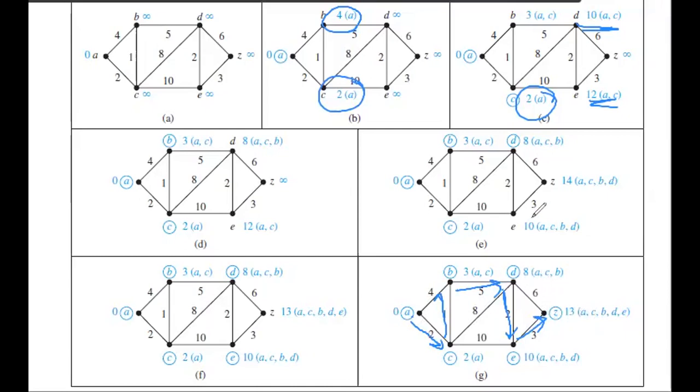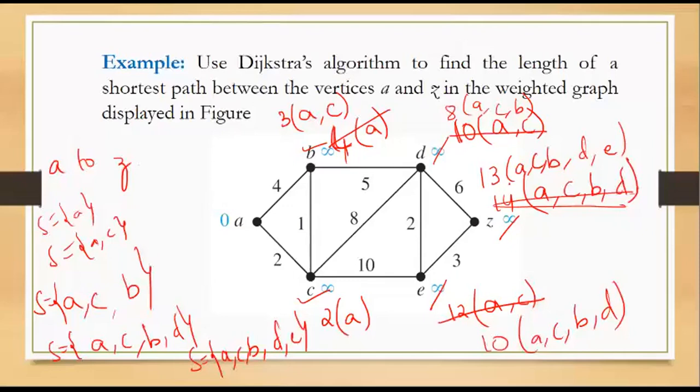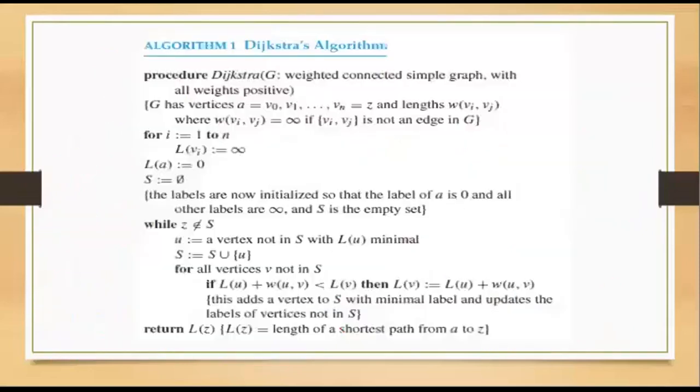Also, you have to create the table that I have shown you in the earlier example and the set that you are supposed to form. This is very important for essay LAQ. Now we will look at the algorithm, Dijkstra's algorithm.